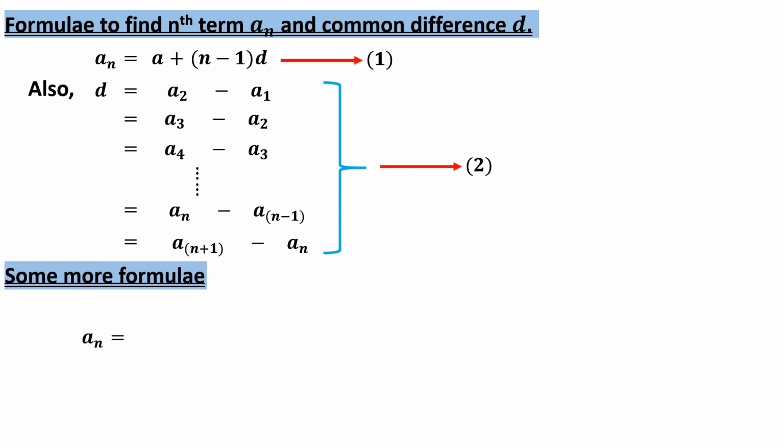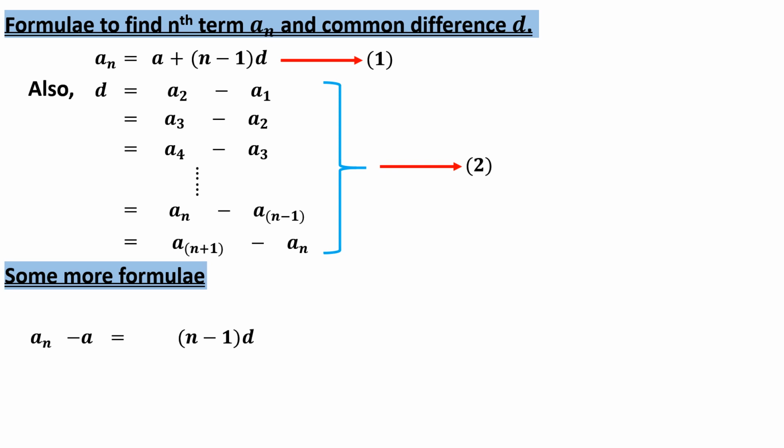Some more formulae. Look at this formula. An equals A plus n minus 1 into d. Now, bring or transpose A to the left hand side. It becomes negative. Now, let us bring n minus 1 to the left hand side. N minus 1 multiplies d.